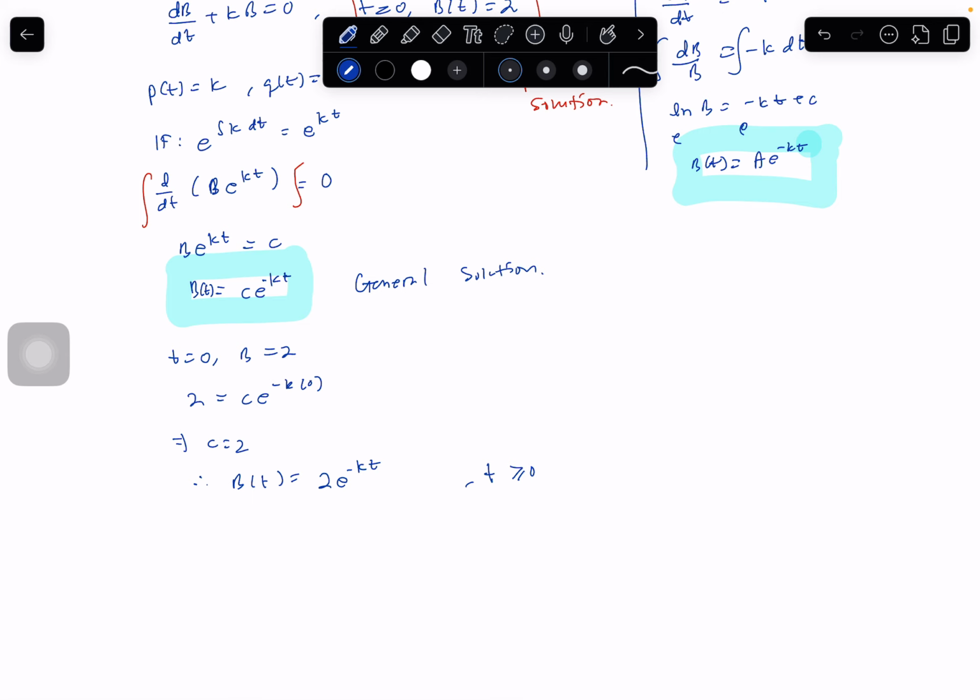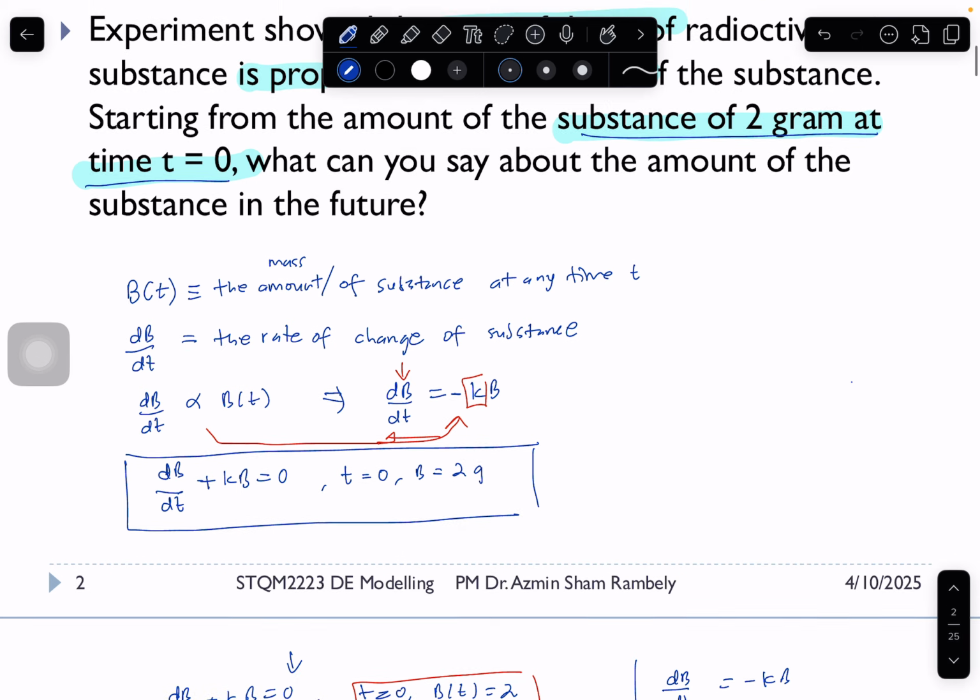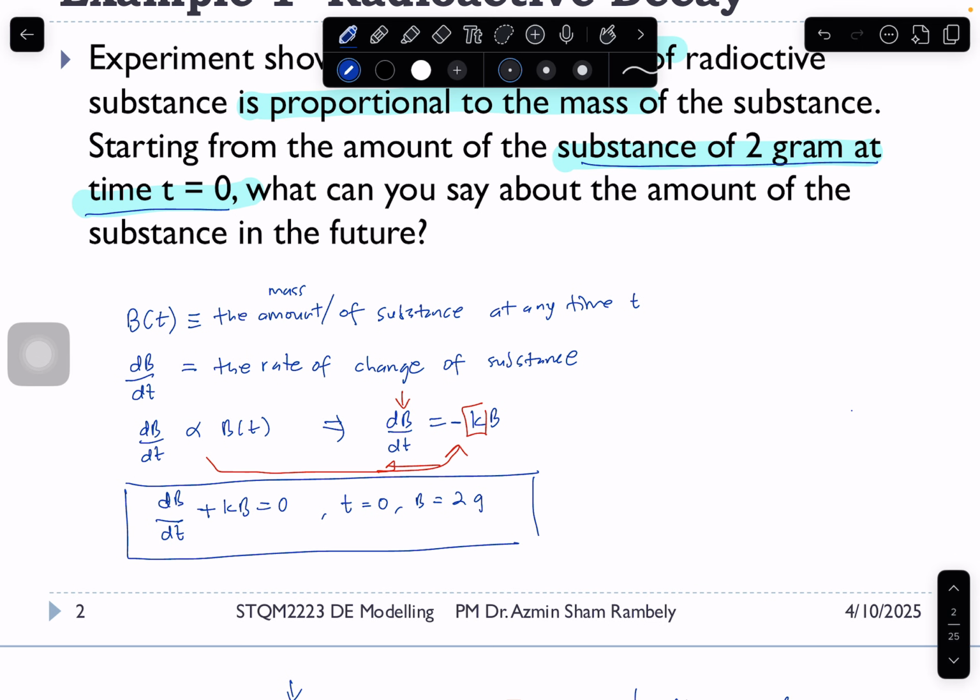Okay, so we should be able to visualize this. So this is your t, that is your b of t. So when t is equal to 0, from the starting of the problem, the amount of b is 2. Let's say here, the amount is 2 gram, and the question asks what can you say about the amount of the substance in the future.